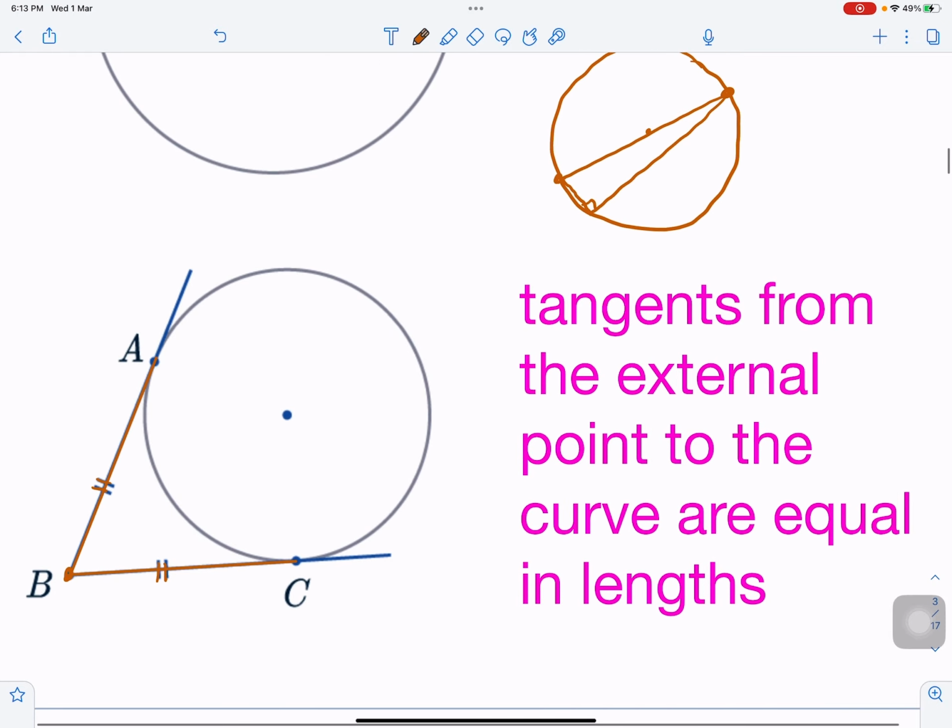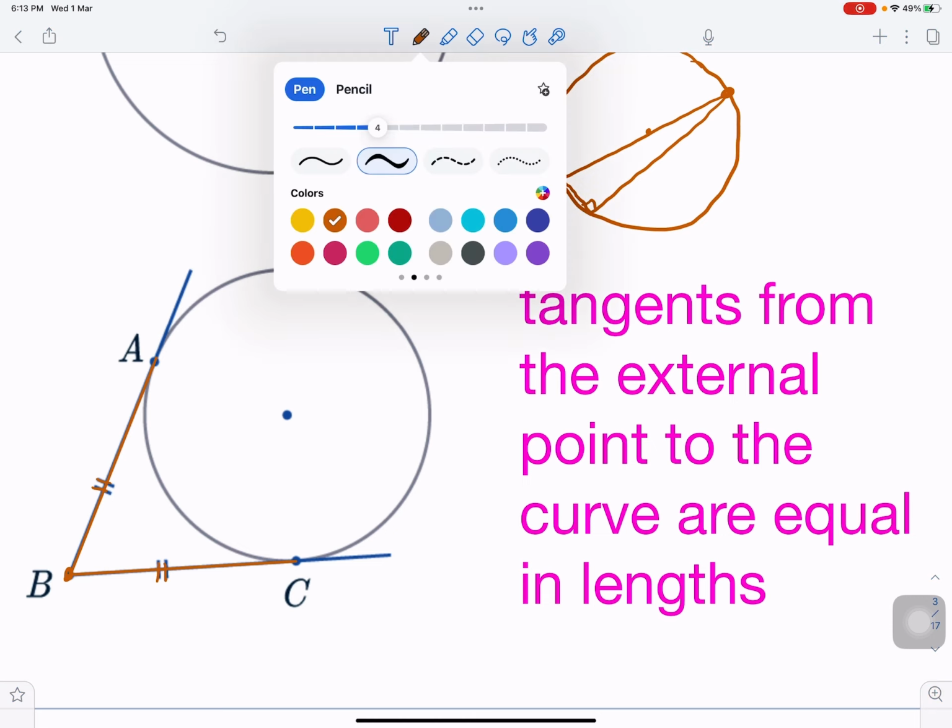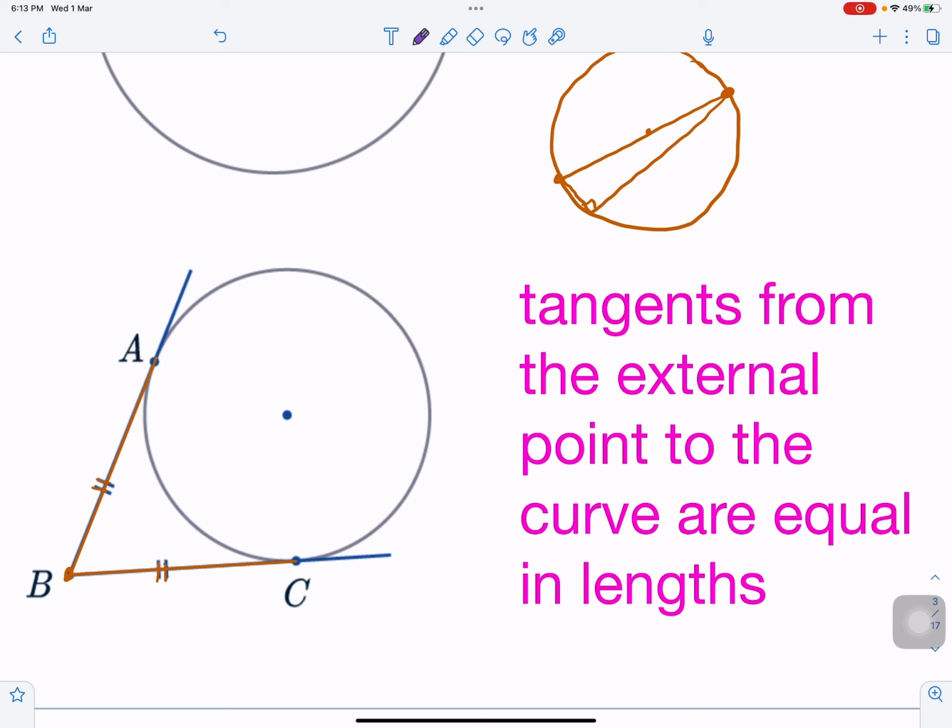One property more. If I draw a straight line from this external point to the center of the circle, it will bisect these angles. If this is, for example, 20 and this is x, then x equals 20. Remember it.